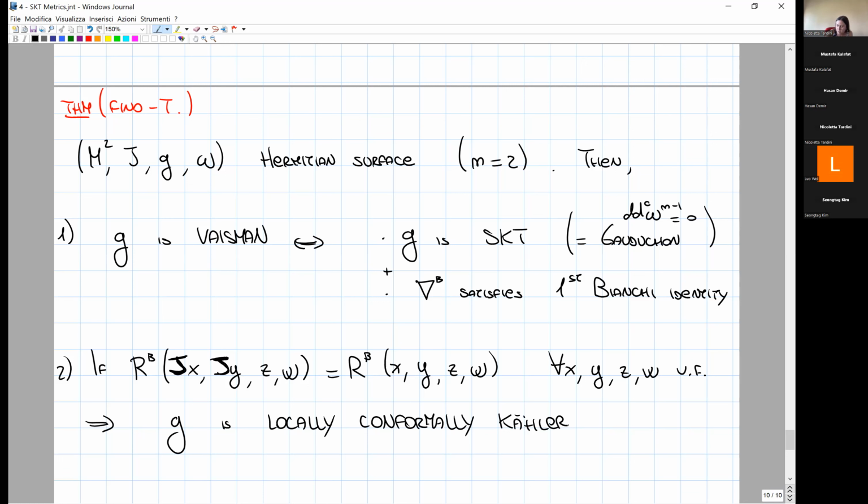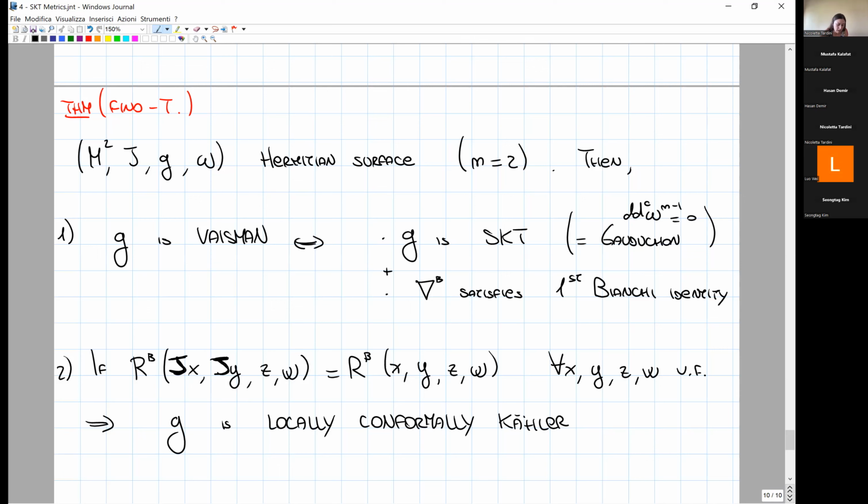So in particular, if a metric is Kähler-like, it is locally conformally Kähler because it satisfies this condition, okay? But in fact, it is sufficient to assume that the Bismut connection satisfies this type condition to get locally conformally Kähler metrics on Hermitian surfaces.